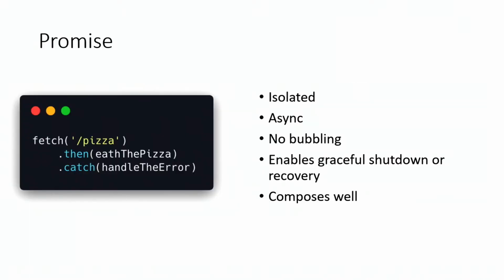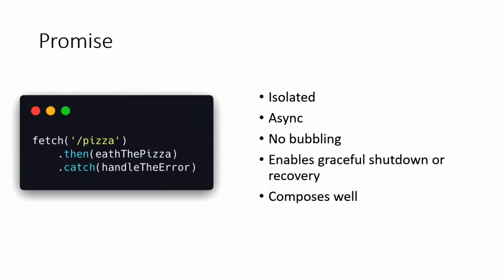Then there is promise. Promise is an interesting beast because it actually is isolated, does not bubble like thrown errors. You never catch random errors in some places from promises, unless it's an uncaught promise, but let's pretend it's not there. It's a very good choice for graceful shutdown and recovery.